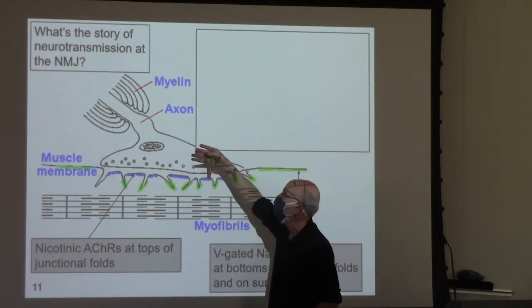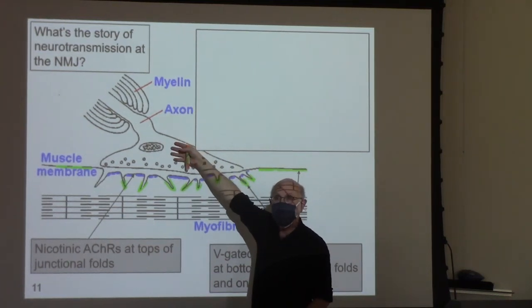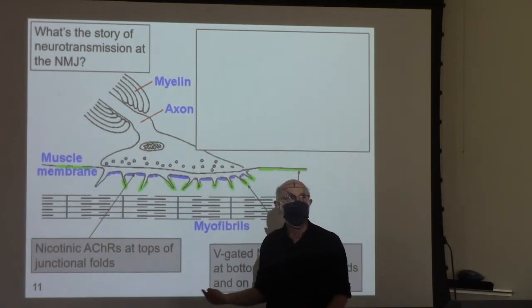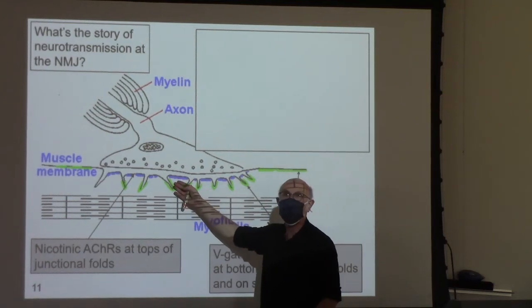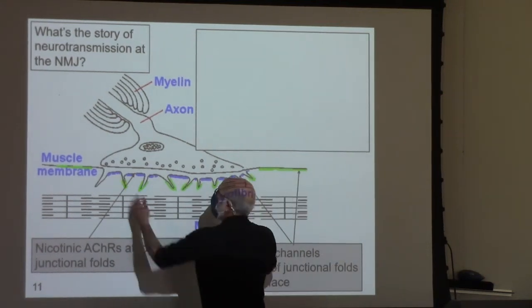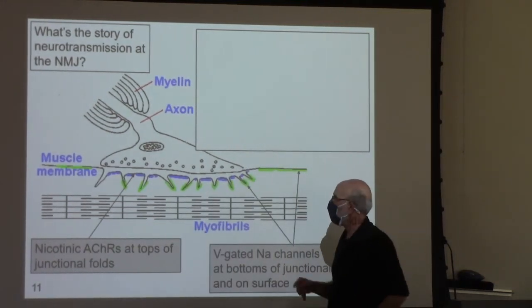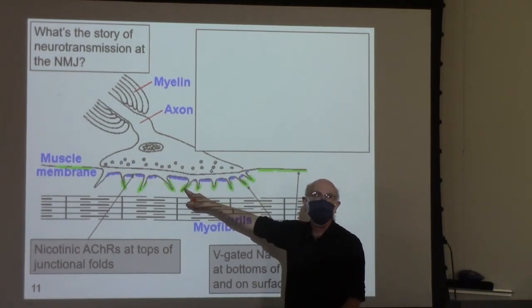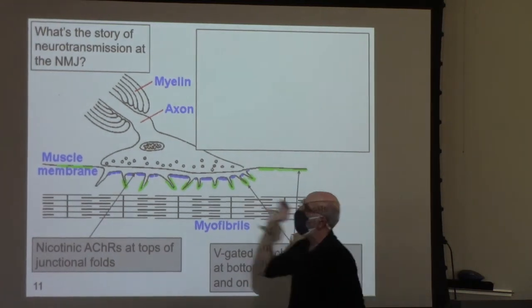We've just moved from excitation of the neuron to excitation of the muscle. Neuromuscular excitation. Depolarization of the membrane underneath the synapse. The green illustrates the expression of voltage-gated sodium channels, and it extends all the way out on the muscle.